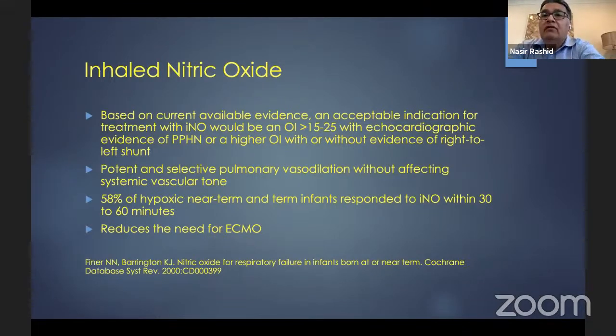Usually, if there is echocardiographic evidence of PPHN, which means right to left shunting, with increasing OI greater than 25, despite giving Curosurf and despite optimally ventilating these infants, it's better to go ahead and start the nitric oxide, and it actually reduced the need for ECMO.